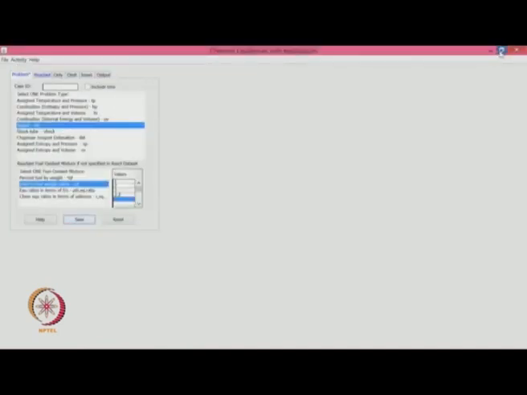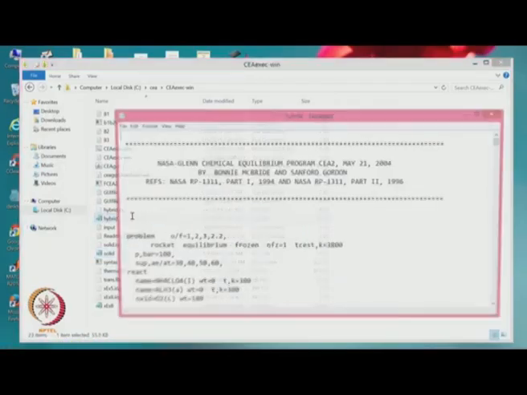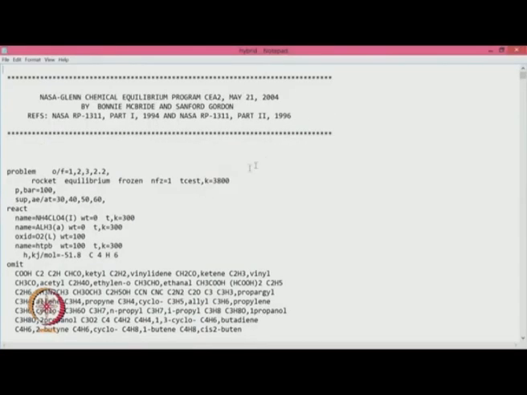Now, if we open the output file, O by F ratios range from 1 to 3, and we also have 2.2, and the fuel is HTPB, the oxidizer is liquid oxygen, with pressure 100 bar and area ratios.